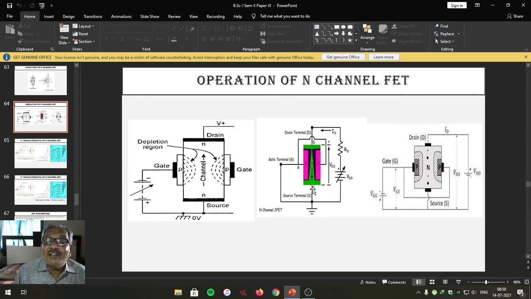The electrons have negative charge, so they will be attracted towards the drain, and that's why naturally drain current will start flowing through the FET. When this happens, in between drain and source, a resistance is internally created. That resistance we can call the drain to source resistance.